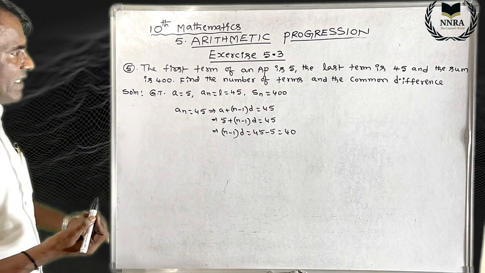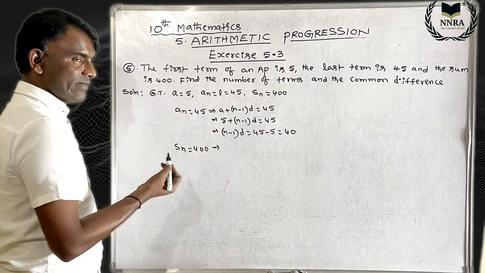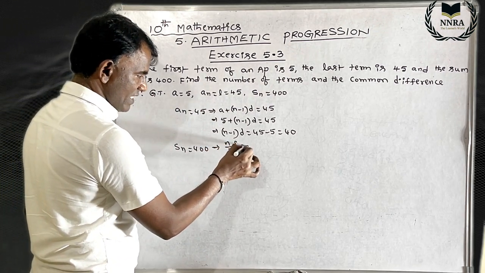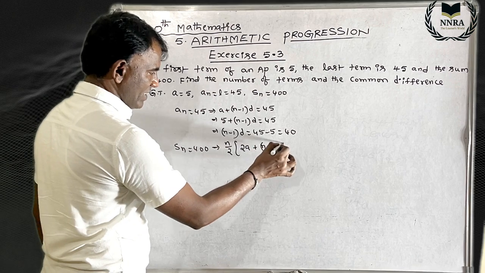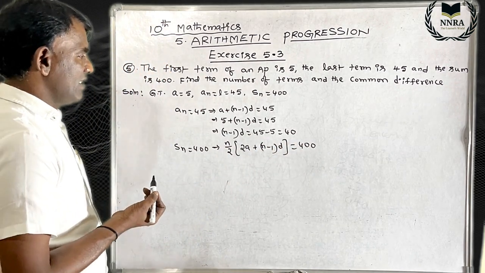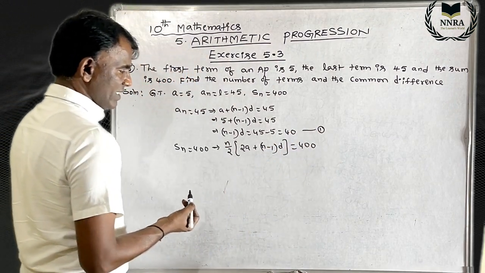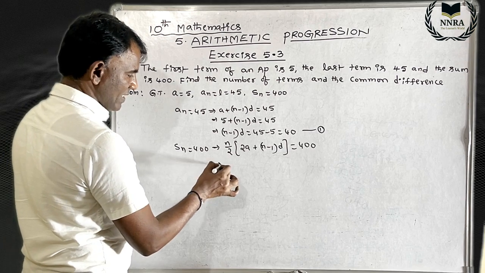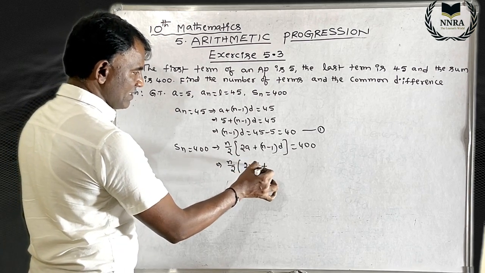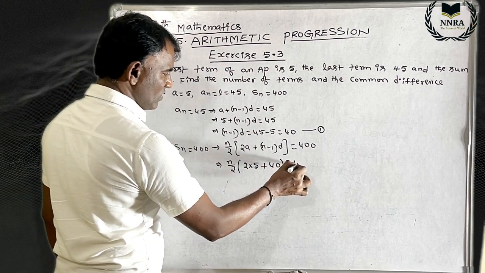Clear? Now we'll take the Sn value. What is the value of Sn here? 400. And what is the formula of Sn? n by 2 into [2a plus (n minus 1) into d], and it is 400. Right? And here this is equation number 1, (n minus 1) into d. So do one thing, write n by 2 as it is, and coming to this, 2 into 5, (n minus 1) into d is how much? 40, equal to 400.